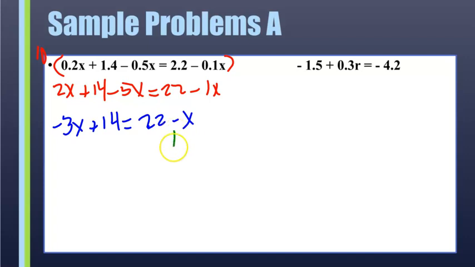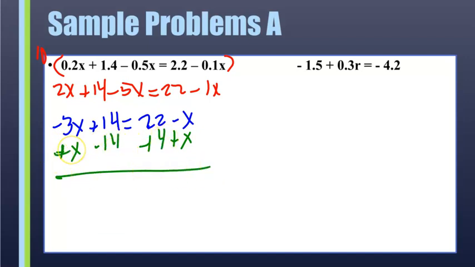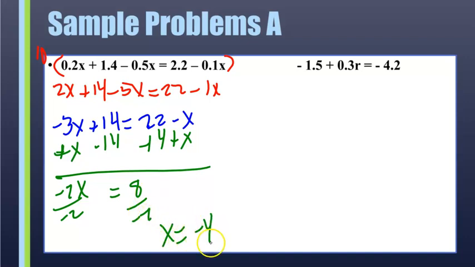I want the x's on one side, so I'm going to add x to both sides and subtract 14 on both sides. Negative 3 plus 1 is negative 2x, equaling 22 minus 14, which gives us 8. Divided by negative 2, x is going to equal negative 4.